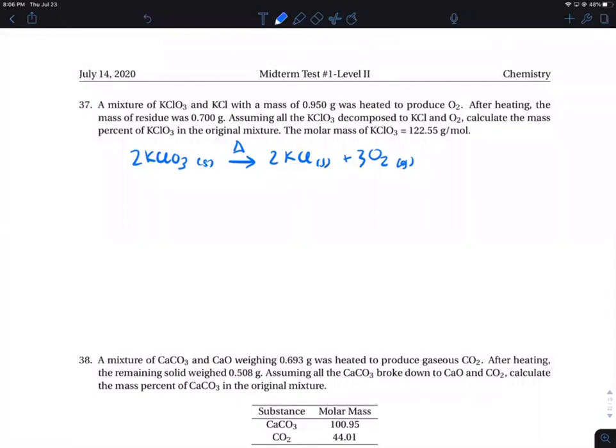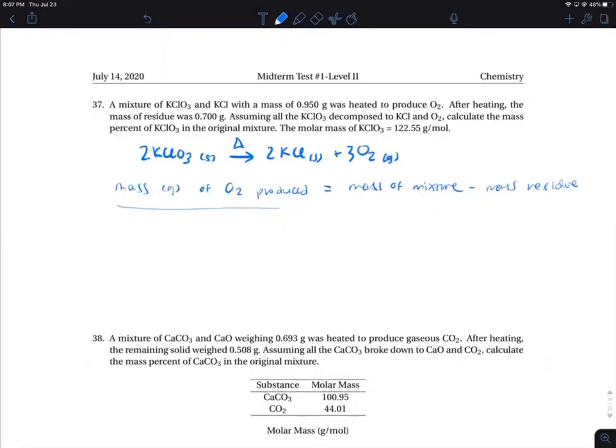Okay, so we have that the mass in grams of O2 produced is the difference of the mass of the mixture and the mass of the residue. So pretty much if we add this O2 produced to the residue, we're going to get the mass of the mixture.